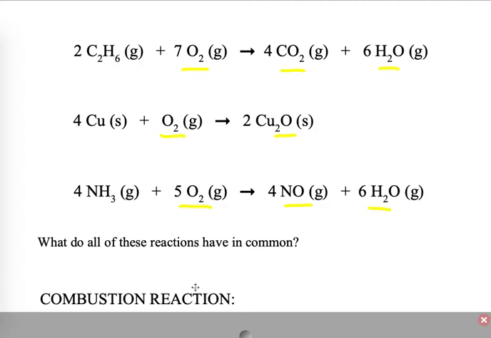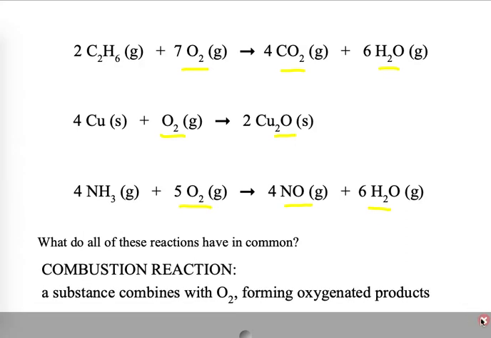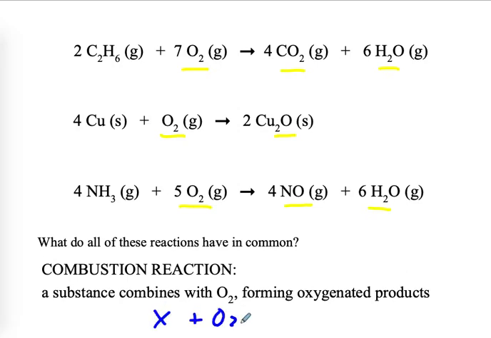The definition of a combustion reaction is when a substance combines with O2 forming oxygenated products. So whenever a substance, a compound or an element, combines with O2 and every product formed, no matter how many there are, contains O, then that's a combustion reaction. And we can symbolize that as X plus O2 reacts to form XO.